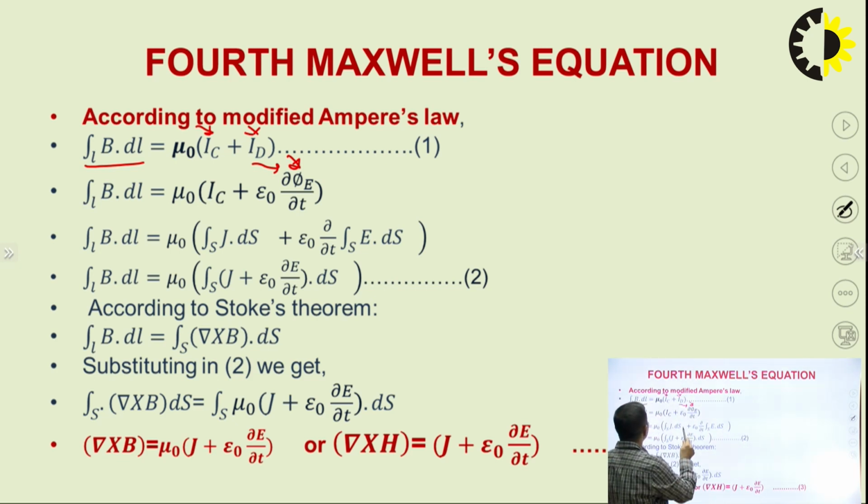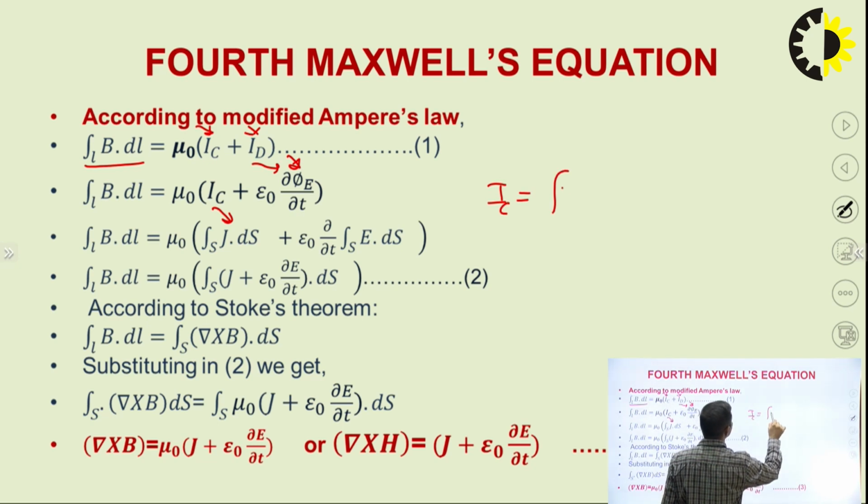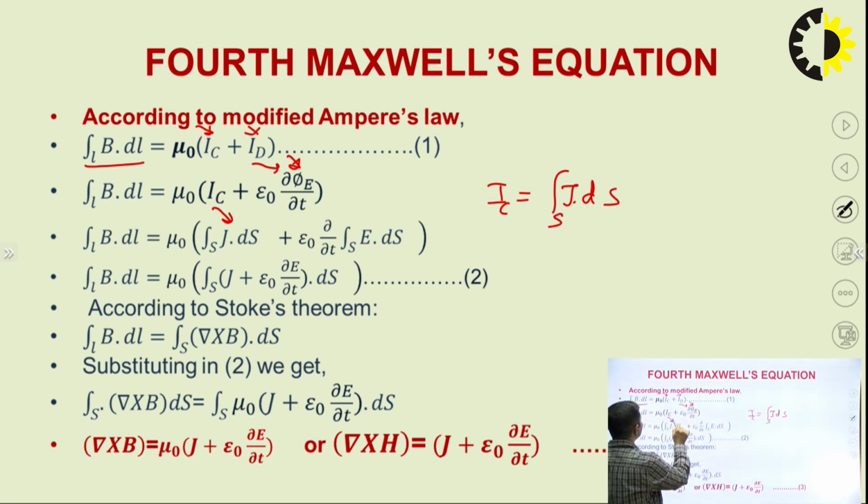Now according to the definition of current density, which is the quantity J, current per unit surface area, IC can be written as the integral of J dot ds over a surface S. So again we can write it in this form: the surface integral of J dot ds plus epsilon naught d by dt of the electric flux, which can be written as the integral of E dot ds over the surface S. By using the definitions of current density and electric flux, we can change their form.